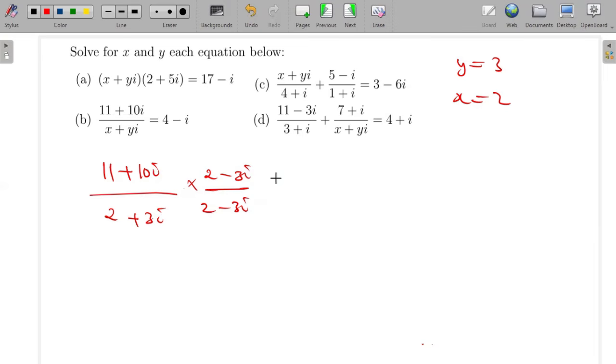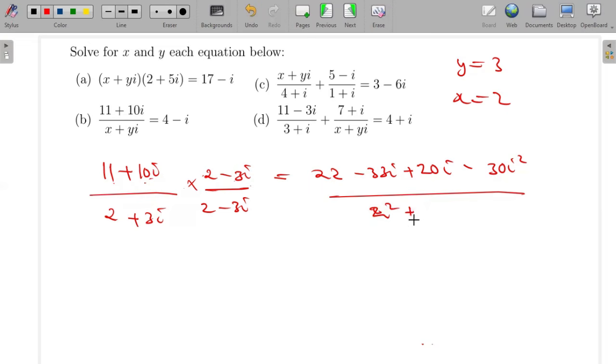So on top there, that gives you 22. 11 by that gives you negative 33i. This by that gives you positive 20i. And then this multiplied by that is going to give you negative 30, and then you have the i squared. Down there you have 2 squared, and then plus 3 squared.